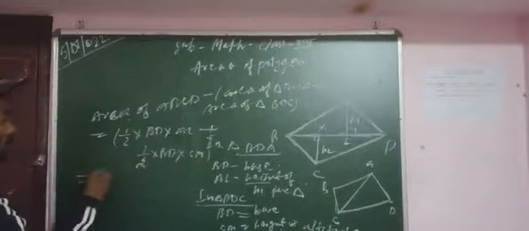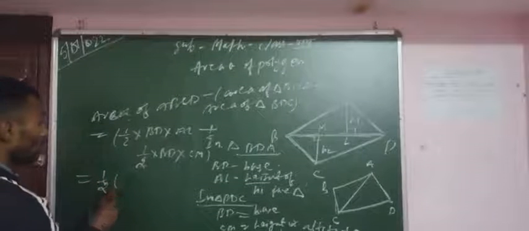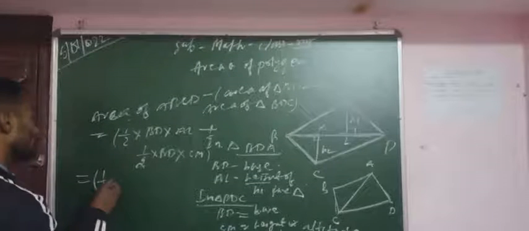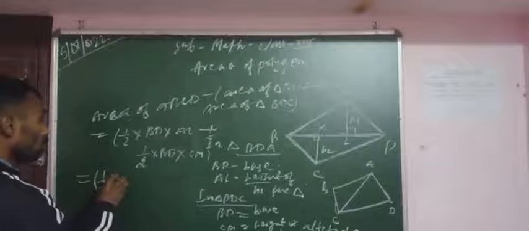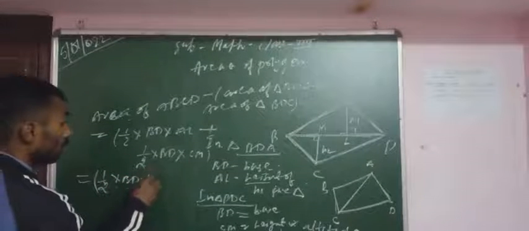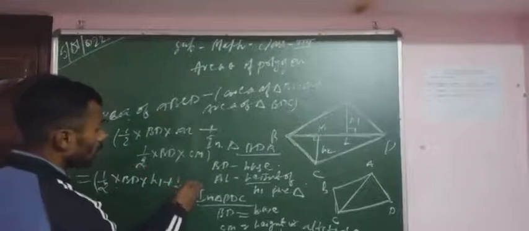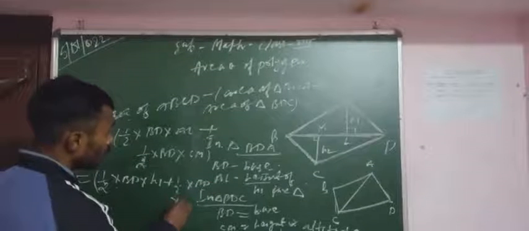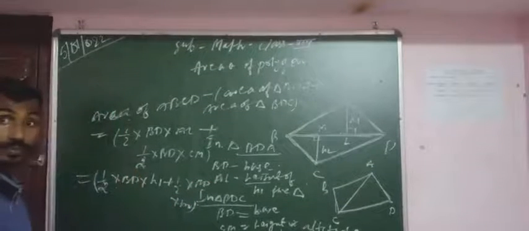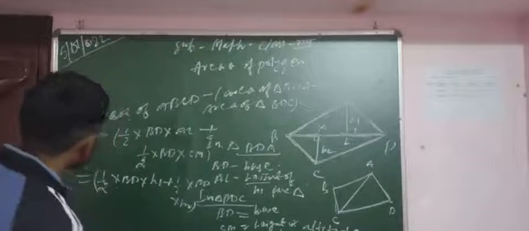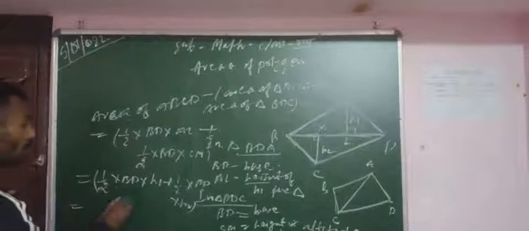So finally we can write 1 by 2 BD into H1 plus 1 by 2 BD into H2. Now we can take common what?